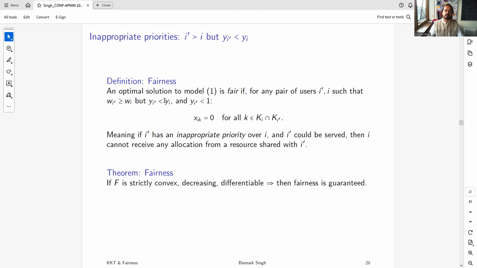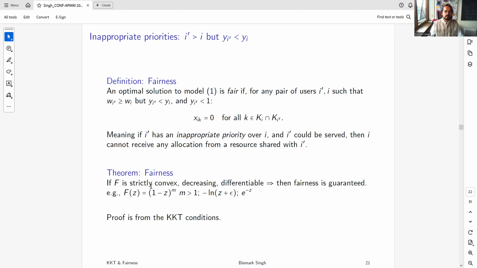So that could only happen if the initial level of allocation or coverage to the lower priority user was already so high. Only then would this setting be captured in the model, and that's guaranteed if the function f has these very mild assumptions.